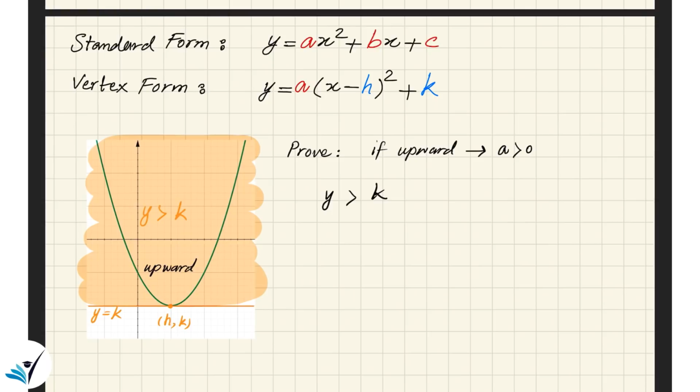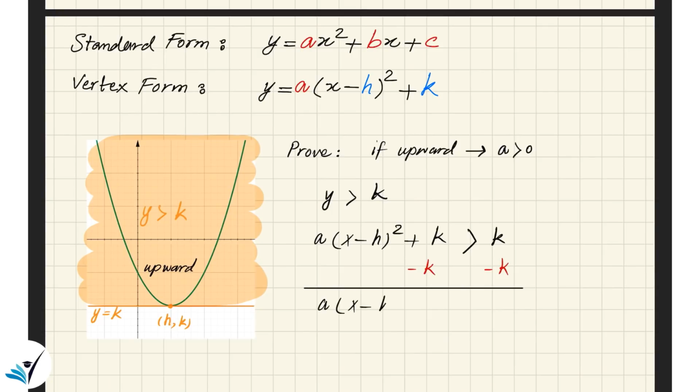And if I substitute y for the vertex form, I would have a times (x minus h) squared plus k greater than k. And if I subtract k from both sides, I would have a times (x minus h) squared greater than 0.